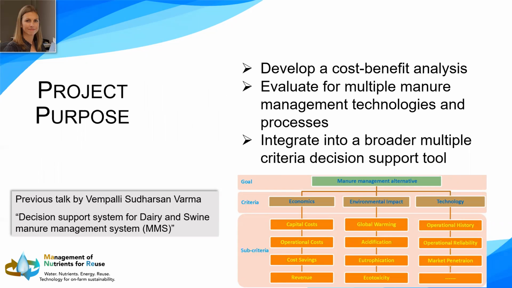This chart shows some of the sub-criteria that we consider for each of the main criteria. The economics will look at capital costs, operational costs, cost savings, and revenue potential.